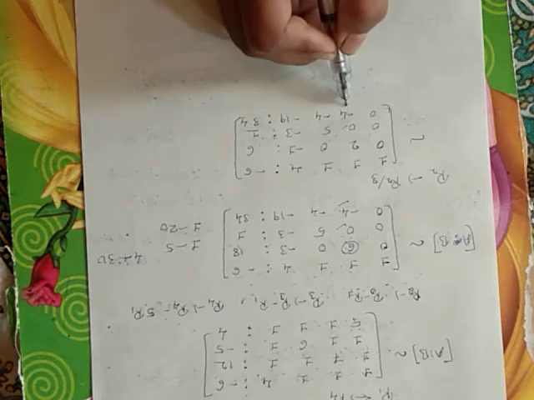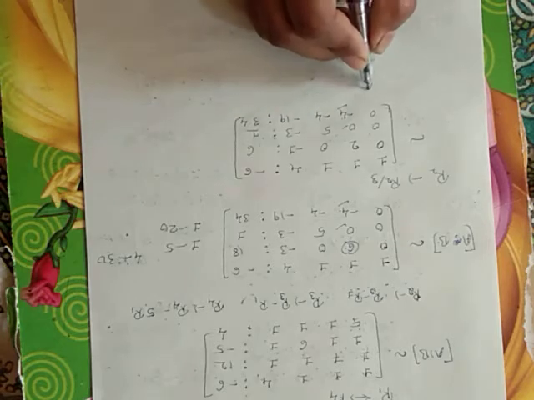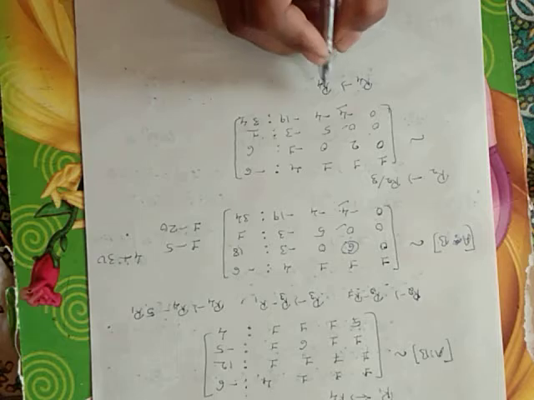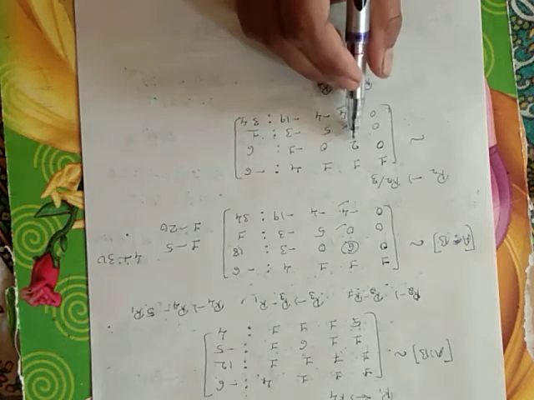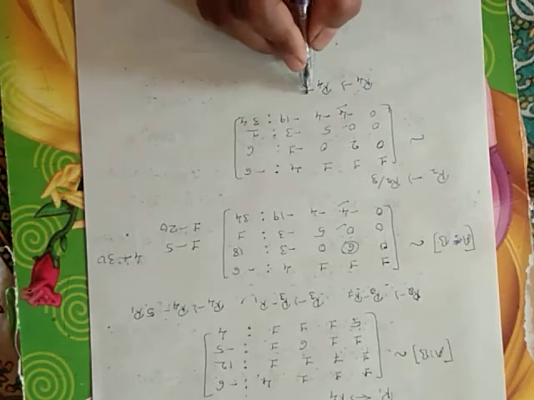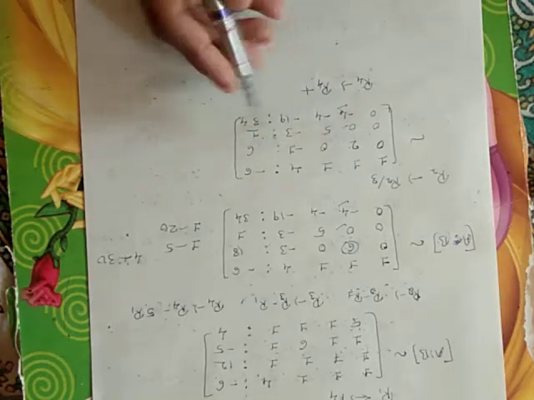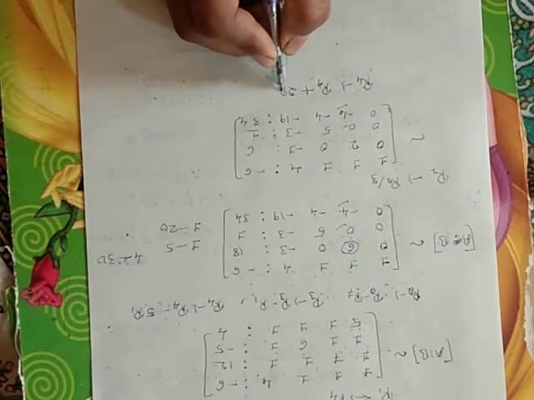So it's already 0. Now convert it to 0. R4 tends to R4 plus something. Both have different, opposite signs, so take an addition. Here it is 4, here it is 2, so multiply 2 into R2.